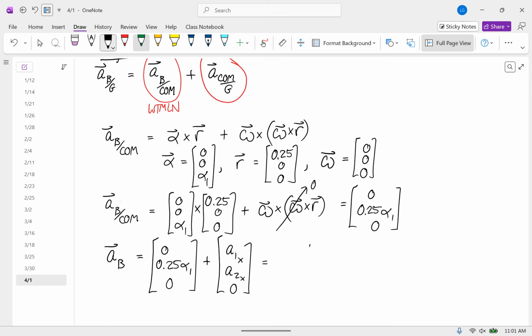And if you put these together, you get a1x, and then the y component is 0.25 alpha 1 plus, no, this should be a1y, plus a1y, and then 0. Okay?